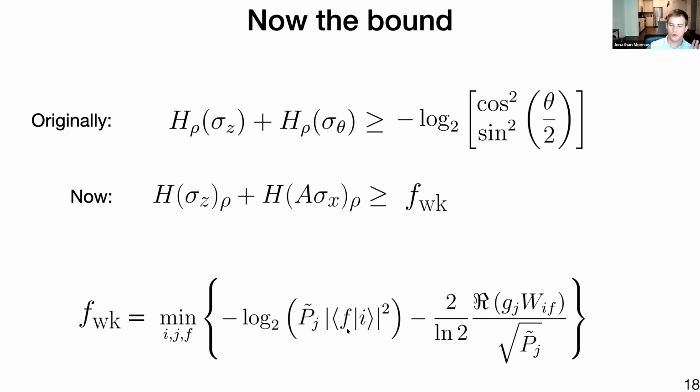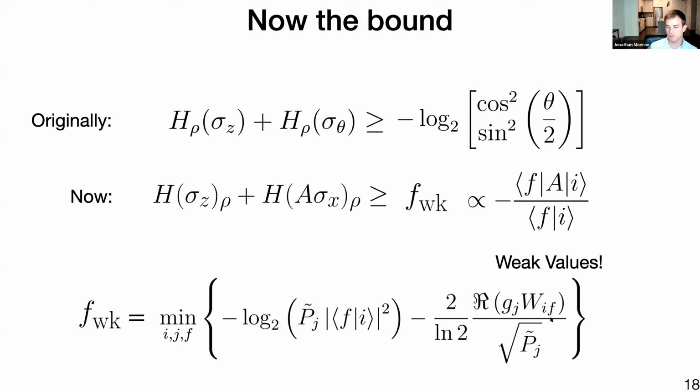There are two terms that I won't get into very much, but I'll just focus on this second term, which is sort of a weak correction to the uncertainty, to the previous value. And the point is that it's proportional to this quantity Wi, which is a weak value.